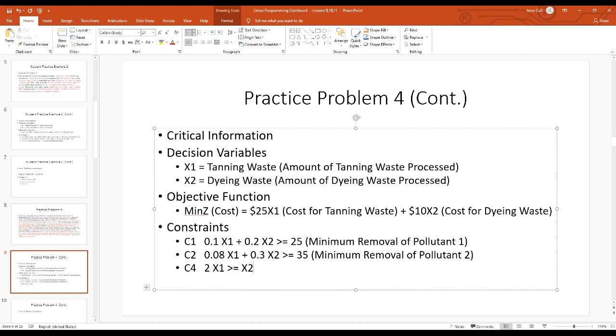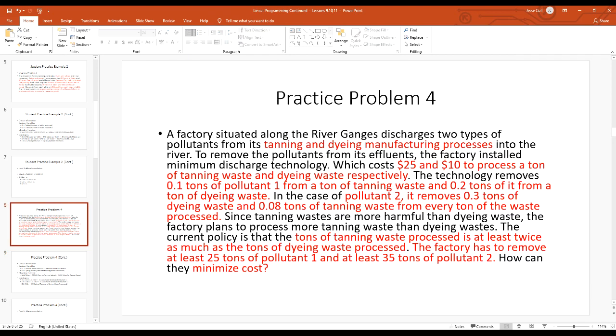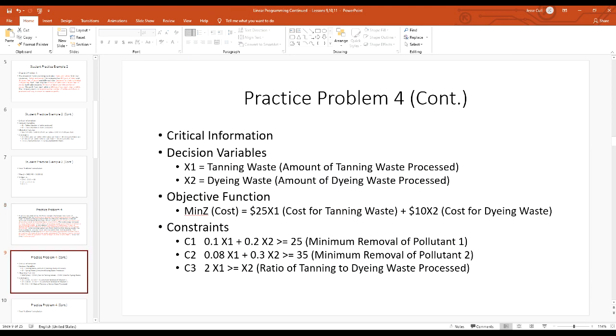Meaning for every unit of dyeing waste, we have to process double the amount of tanning waste. And that's the ratio of tanning to dyeing waste processed. So we've, small mistake here. That's C3. So we've collected from our natural language problem all of the relevant information in one place.